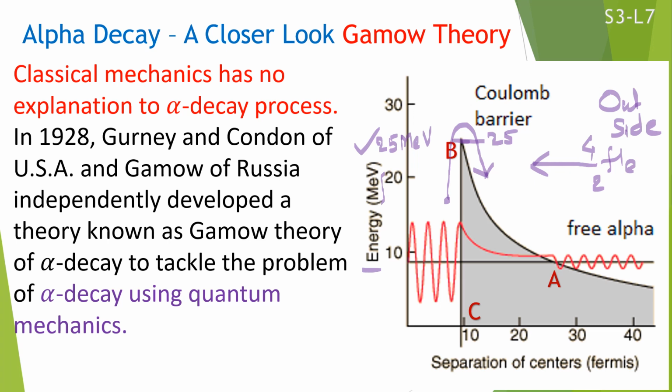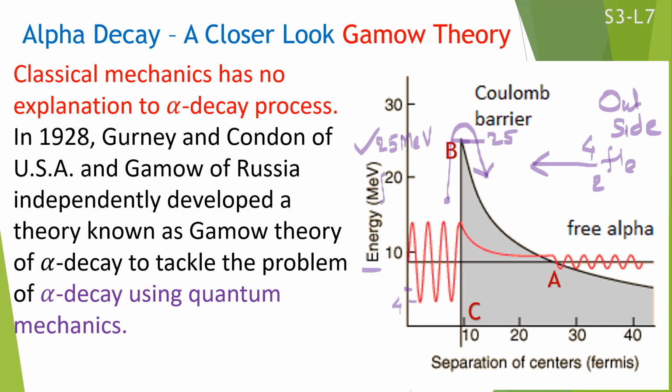However, it is surprising that some radioactive elements emit alpha particles with low energy, that is 4 to 5 mega electron volts, for a number of natural radioactive alpha emitters.